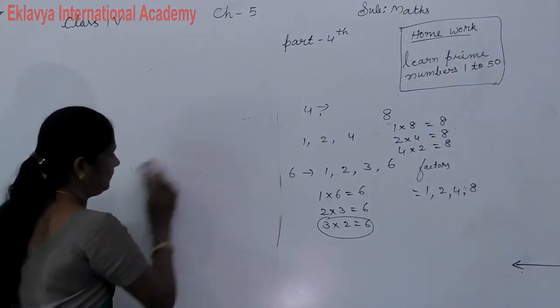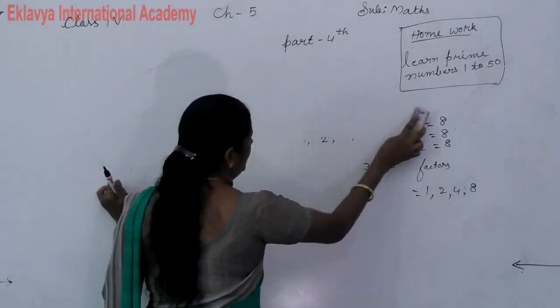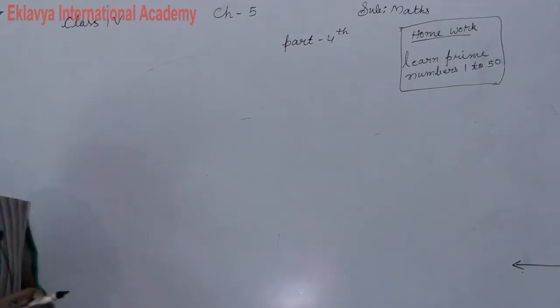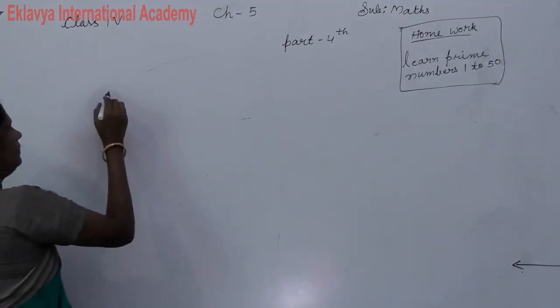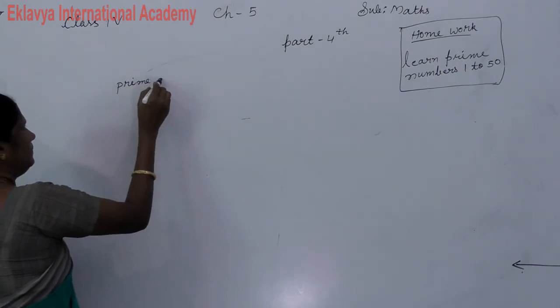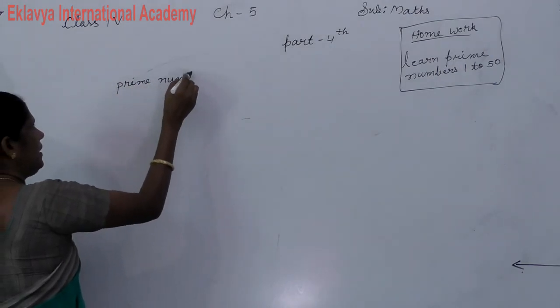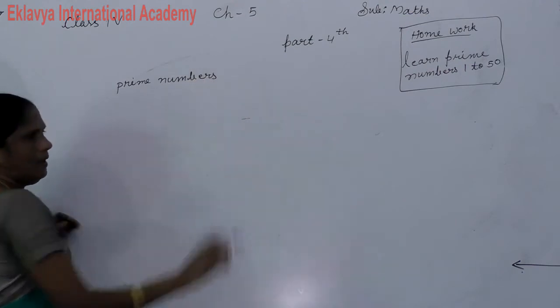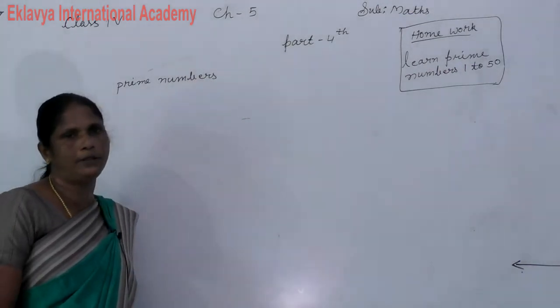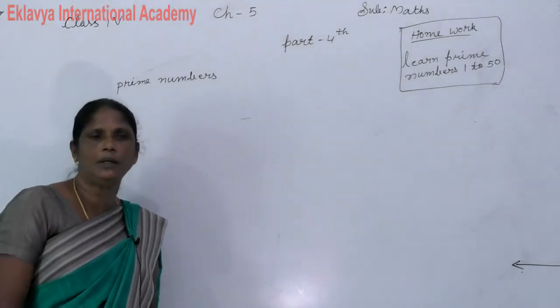First we write the prime numbers. What is the definition of prime numbers? A number which has only two factors, one and the number itself.